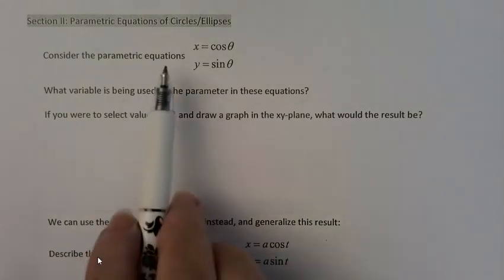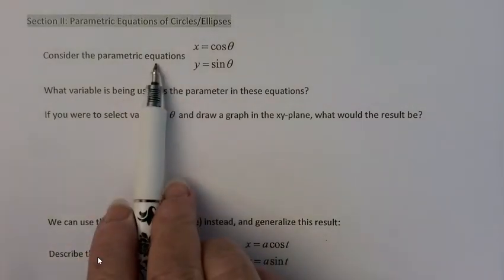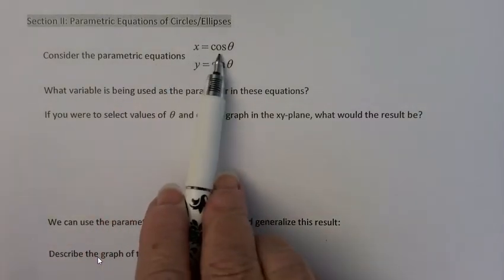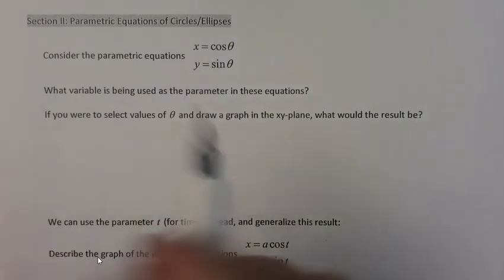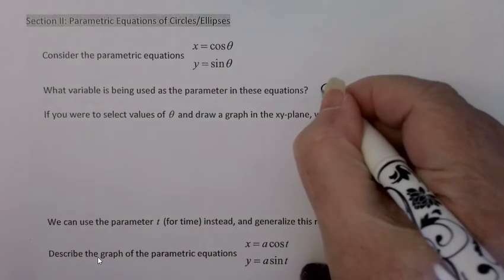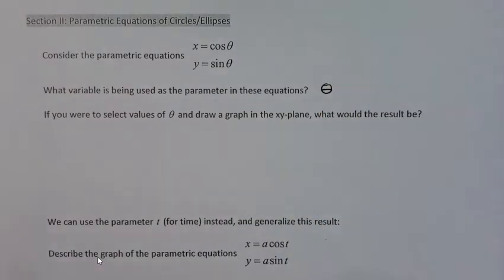I'd like to consider the parametric equations, x equals cosine theta and y equals sine theta. And note that instead of t, I've actually used the parameter theta in this particular set of equations. Now, if we were to select values of theta and draw a graph in the xy plane, what would our result be?